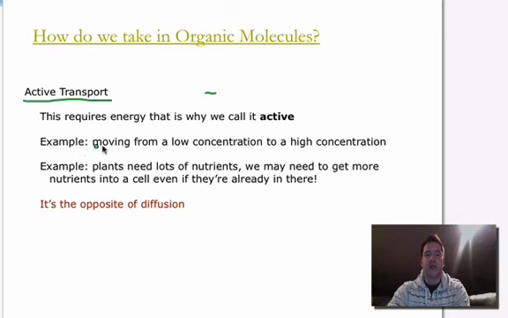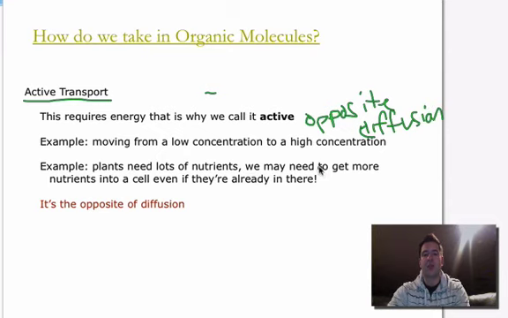An example is moving from low concentration to high concentration, which is backwards, the opposite of diffusion. Where diffusion moves from high concentration to low, we're moving from low concentration to high, and it requires energy to do so because you have to kick in that extra energy to move from low concentration.